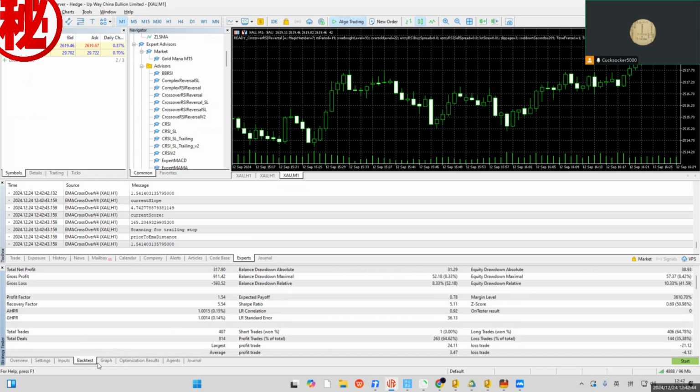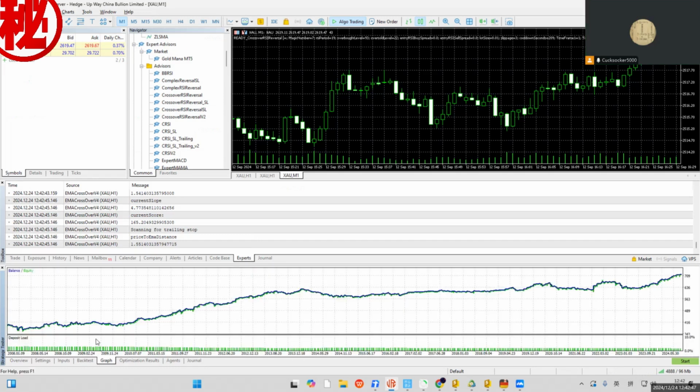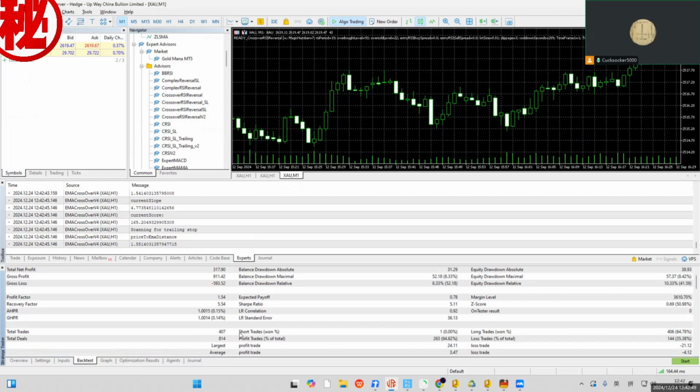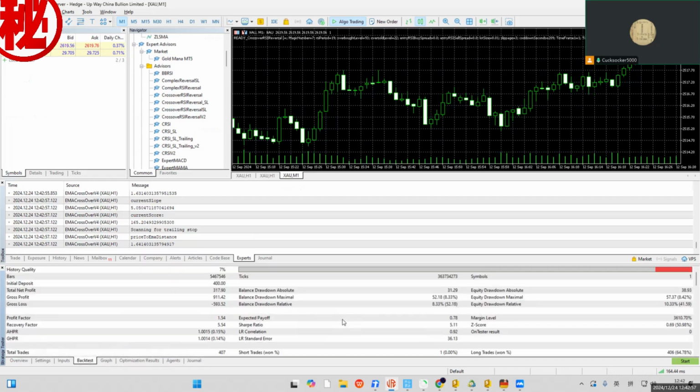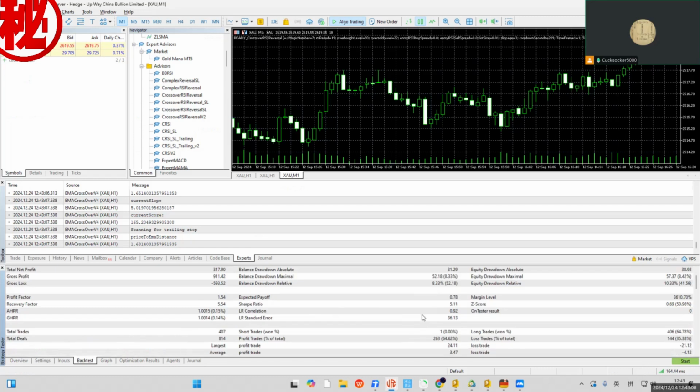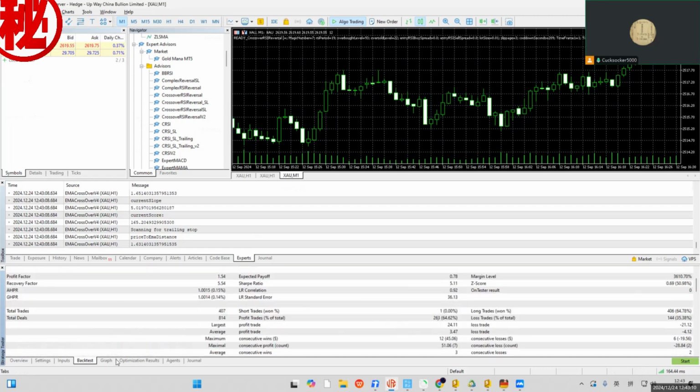Over the past period from 2008 until now, it has a 1.54 profit factor and doubles the account size. This is a reversal strategy, only to counteract the trend trading strategy.